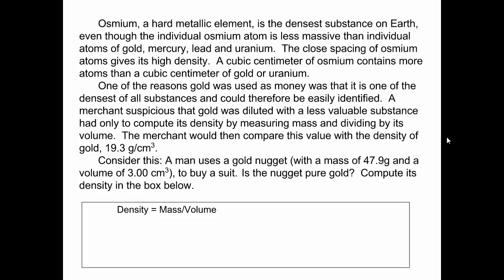So osmium is actually one of the densest materials on Earth, but it's very rare. Gold, however, is also a very dense and relatively common element that can be taken from the Earth. And so obviously gold was and is commonly used as a form of currency. One of the reasons gold was used is because of its density, because it's easy to determine if something is actually gold, since its density is so much higher than most other metals.